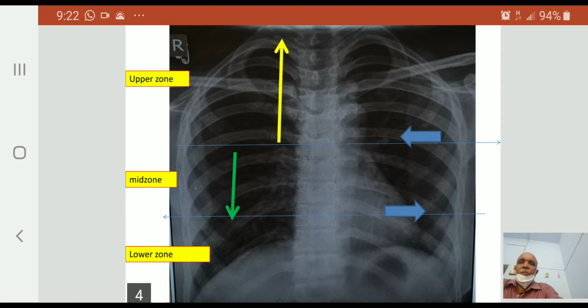Now the mid zone is between this line and a second line passing through the lower border of the fourth costochondral junction. The green arrow shows the mid zone, and the lower zone is the area above the dome of the diaphragm and below the line passing horizontally at the level of the green arrow.